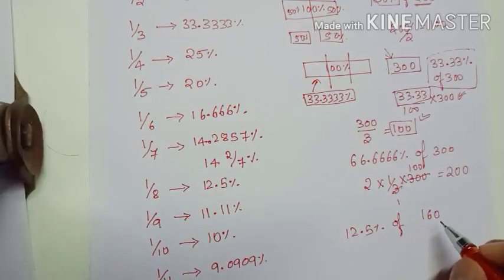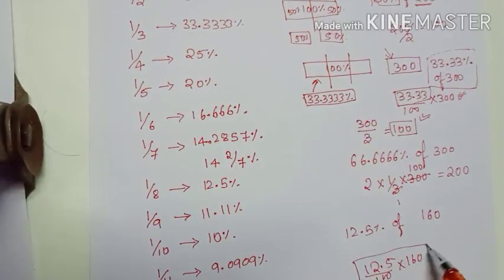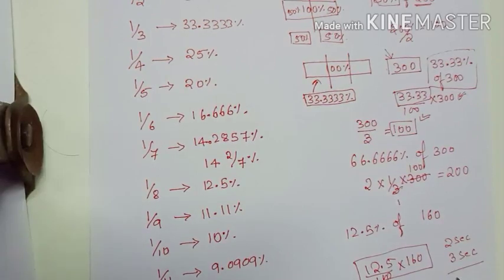So at this time, instead of going with 12.5 divided by 100 into 160, see, just to write this it will consume 2 seconds. Yes or no? So to solve you will take other 3 or 4 seconds, right? So definitely it will take 5 to 6 seconds to answer this, right?